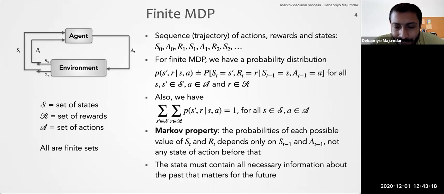Wherever I am today is a result of everything that I have done and learned, and that's all that matters, and the agent must encode everything about that perfectly. So that's basically the assumption.